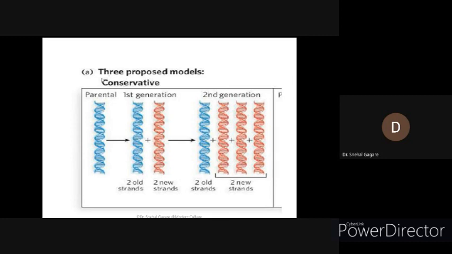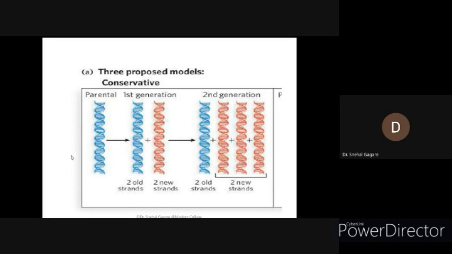Now, if DNA is replicating by the conservative mode, we will have both the parental strands retained as they are, and we will get a new daughter strand. So that is what will happen in the first generation.